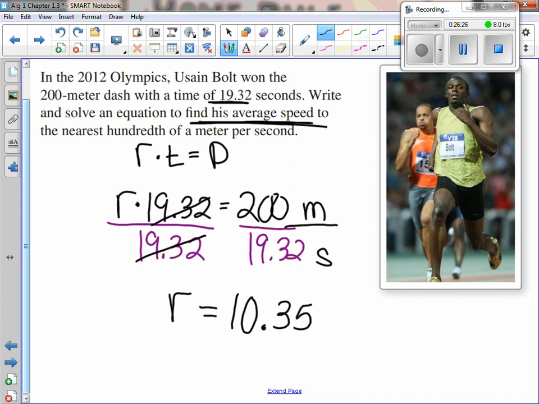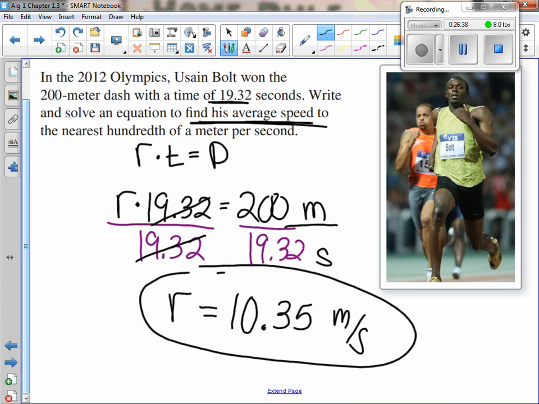We took meters divided by seconds, so our units are meters per second. That's how we talk about meters per second, the distance divided by how many seconds. So he's going 10.35 meters every second, which is pretty fast. And that's all we have to do for this one.